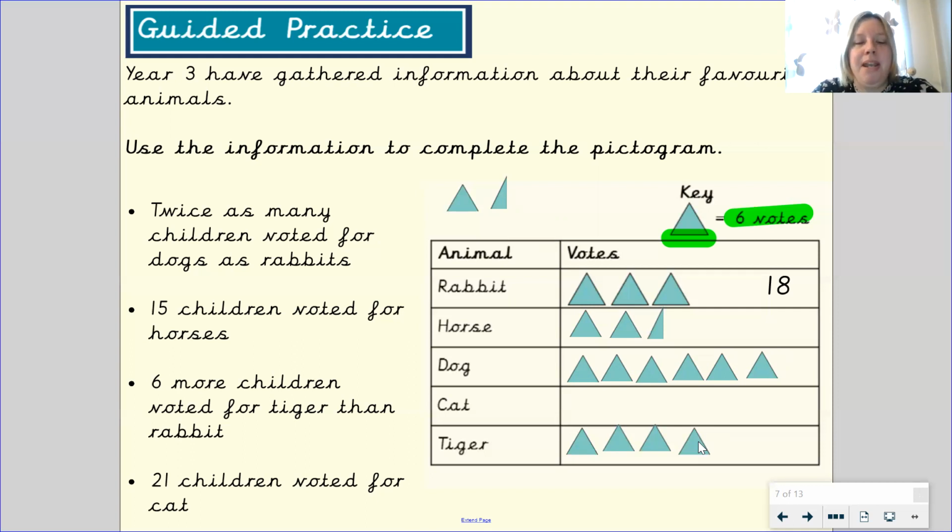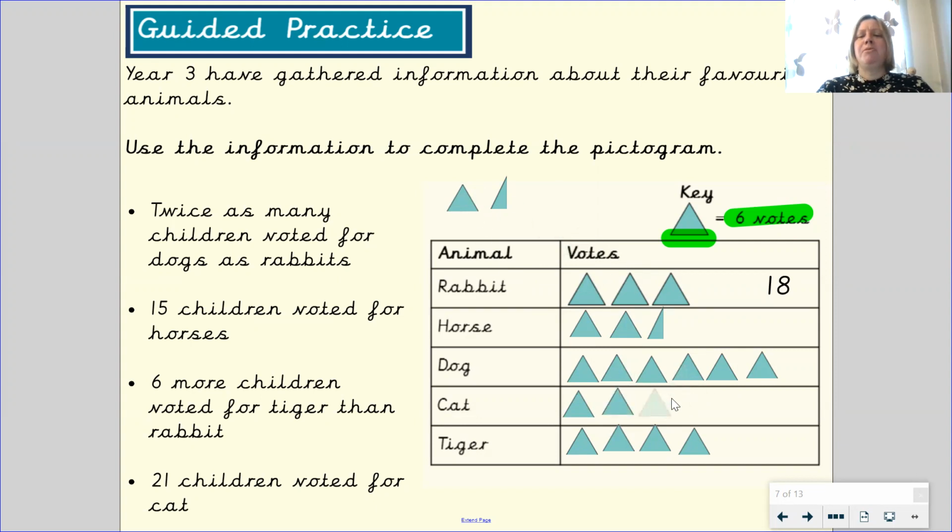Finally, it tells me that 21 children voted for cats. Can you have a go at showing me this on your whiteboard? Let's represent our 21. 6, 12, 18.